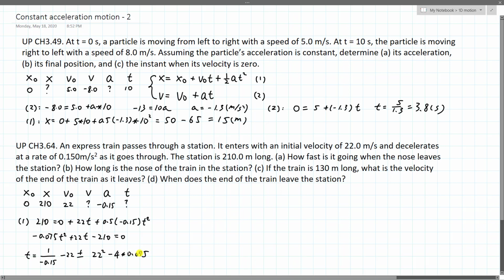There's a negative I didn't express, and then there's another negative. So the two negatives will just cancel each other. Good thing I didn't change the sign, right? And we'll put all of these under the square root, and then put parentheses over here.